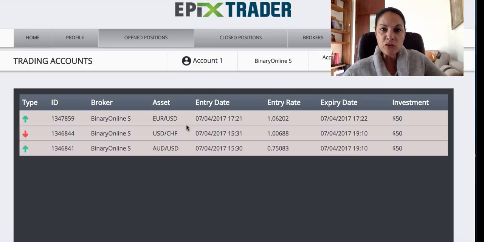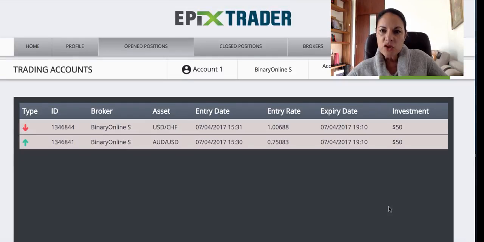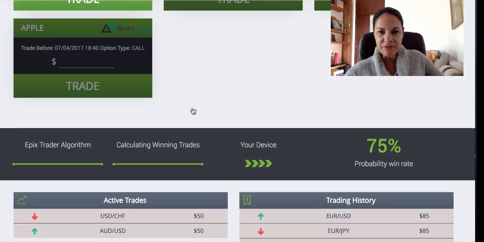Take that trade or not, because these were the trades that I had previously and I don't want to double trade. Let's have a look. Yes, so I had managed to take the euro US dollar. It's again running for just 1 minute.